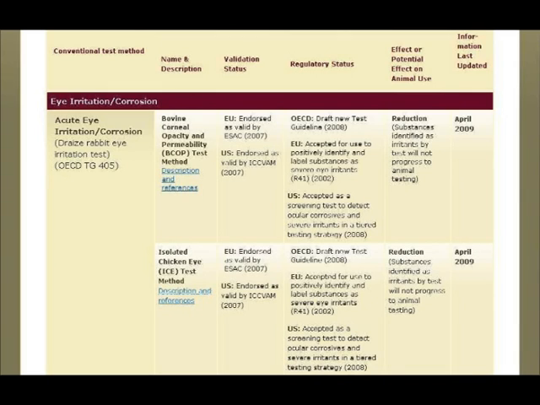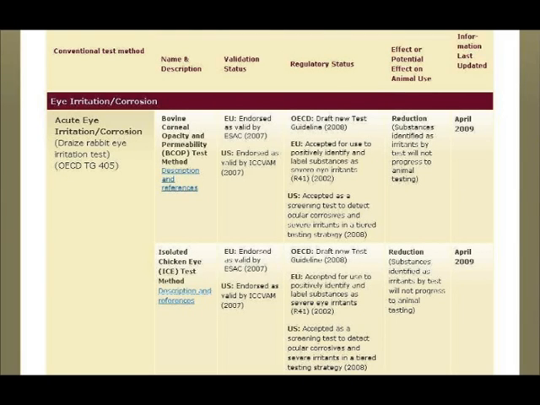and the validation status of that test is, in the EU it is endorsed as valid by the ESAC, which is the European Scientific Advisory Committee, and that was validated in 2007. And in the US it's endorsed as valid by the Interagency Coordinating Committee on the Validation of Alternative Methods, and again that was in 2007.